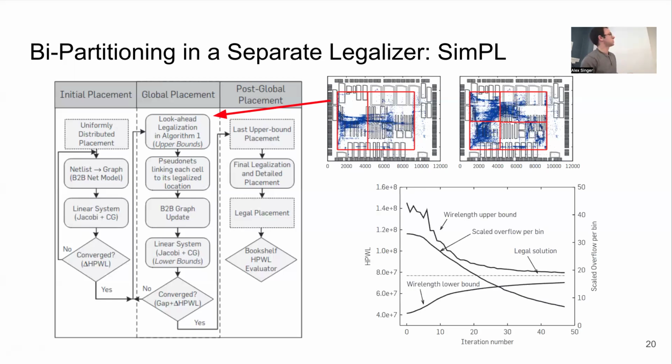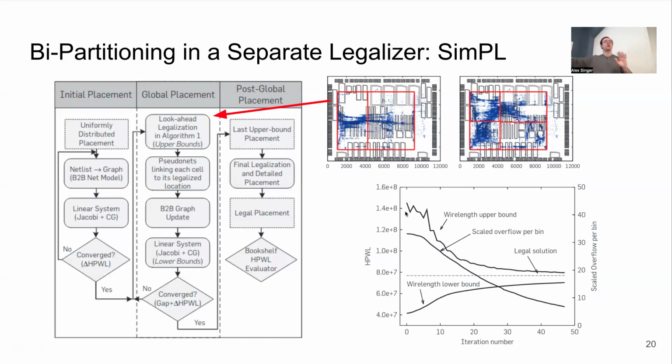And finally, this is just the little graphic that all SimPL-based papers have to have. You have your upper bound, or the legalized solution, which has a high HPWL, and we have our lower bound solved solution, where its HPWL should be very low. If not, your solver is not very good. The idea here is that when I have my globally minimized solution and perform legalization, it will just be pretty bad.